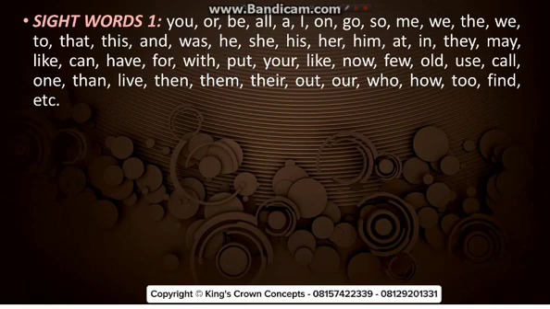I teach them you, o, you, o, r, b, e, be, a, l, l, all, a, I, o, n, on, g, o, go, s, o, so, m, e, me, w, e, we, t, h, e, the, t, o, to, THAT, that, THIS, this. That's how you continue like that.